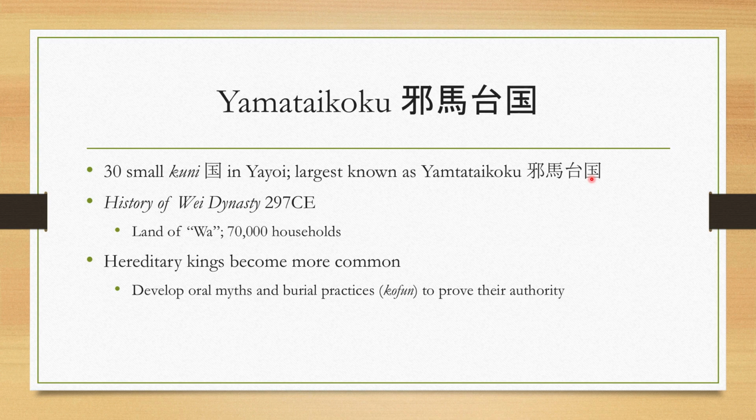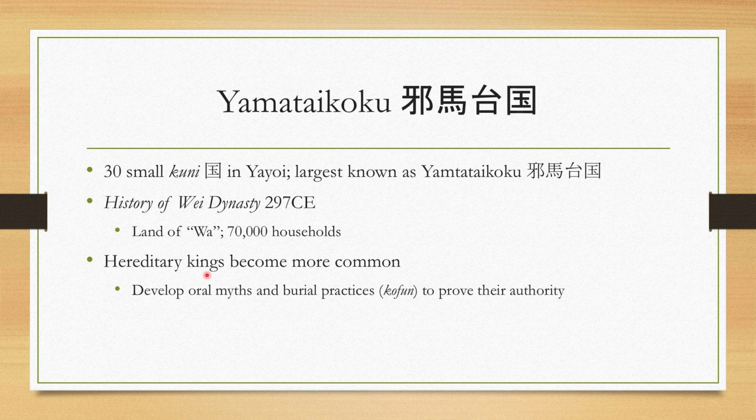It's not clear where that was. But there are Chinese records, the history of the Wei dynasty, written in 297 CE, which talks about the land of the Wa people and Yamatai-koku, and a kingdom consisting of about 70,000 households. So this is quite large in size.